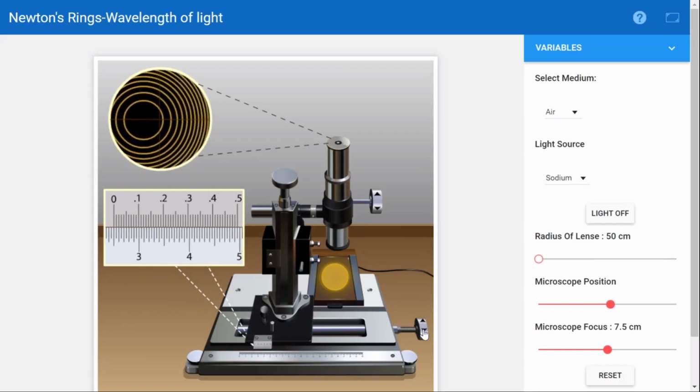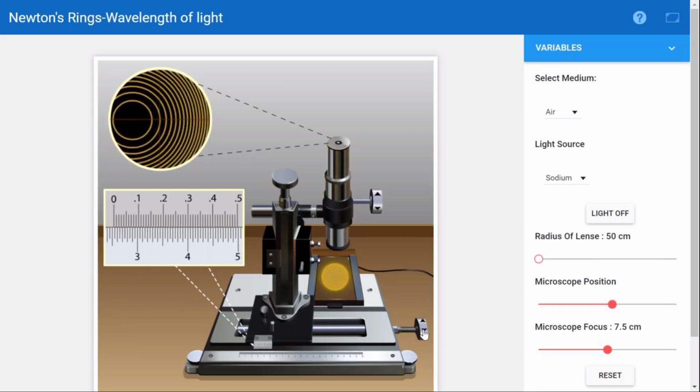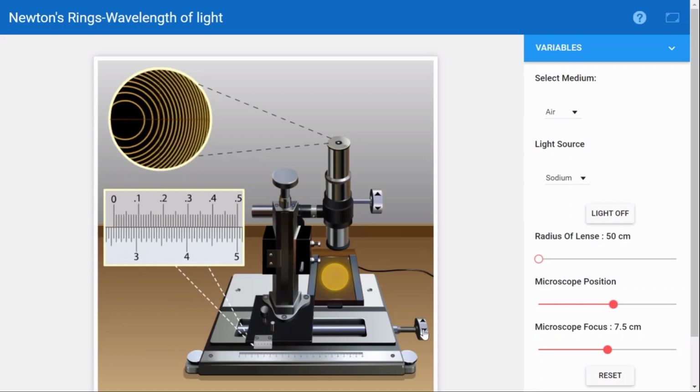Again, this is my first ring, this is my second ring, and this is my third ring. If you look carefully, 2.5 is over here, then 2.55 is properly matched with my 0 of the vernier scale division, right? So 2.55 is my reading for the right hand side.